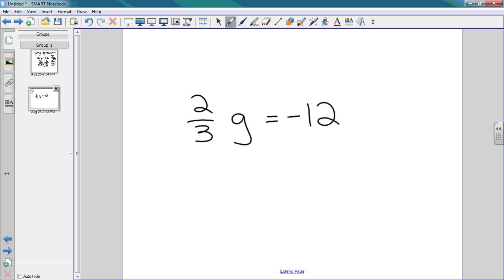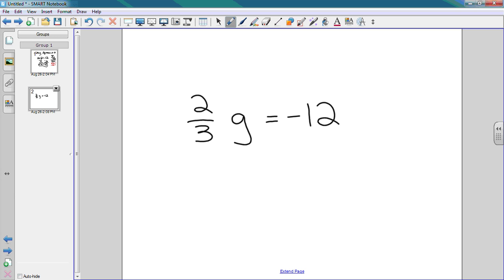Isn't dividing by a fraction the same thing as multiplying by the reciprocal? So I'm going to skip a step here. If you see something that looks like this, you say, well, I would normally need to divide by 2/3. But instead of dividing by 2/3, I'm going to multiply by the reciprocal, because dividing by a fraction is the same as multiplying by the reciprocal.